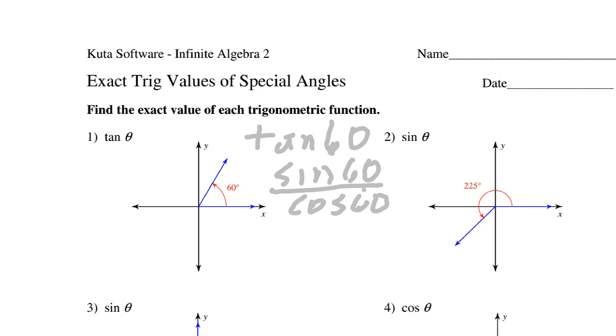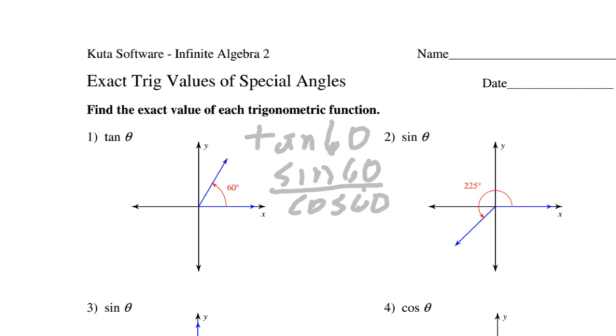So remember from the unit circle, all the values of 60 degrees. The sine of 60 degrees is how much? Refer to your unit circle and tell me what the sine of 60 degrees is.